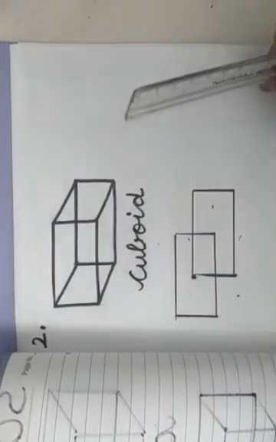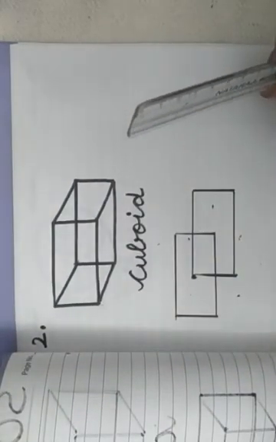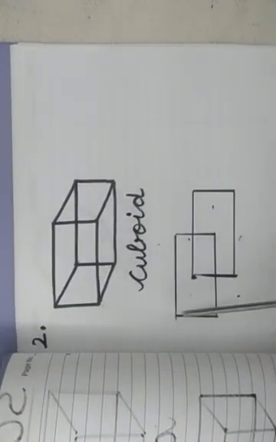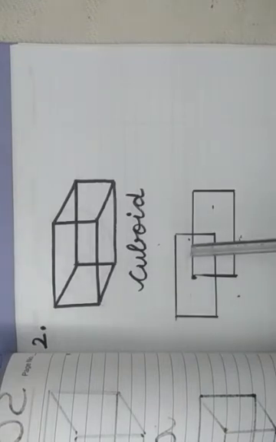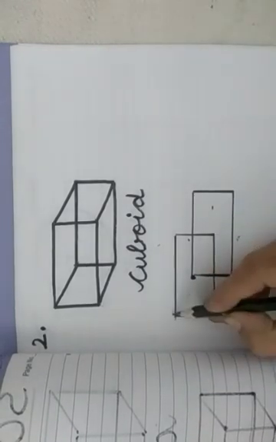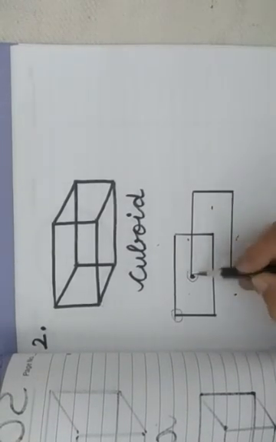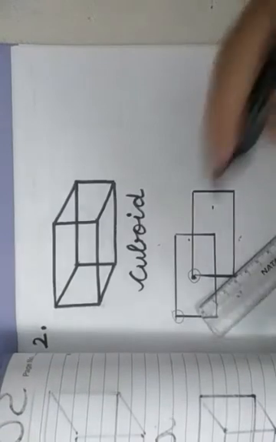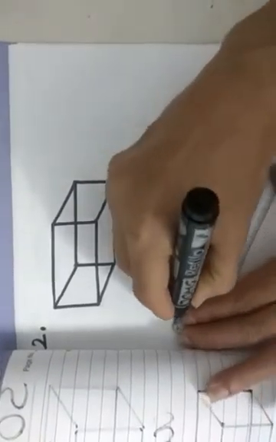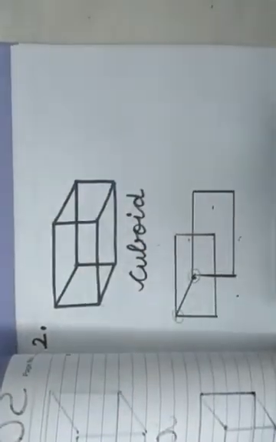Now again the next step is that we will match the corners of the first rectangle with the corners of the second rectangle. Now you can see, these corners, we will join these corners. Look here.